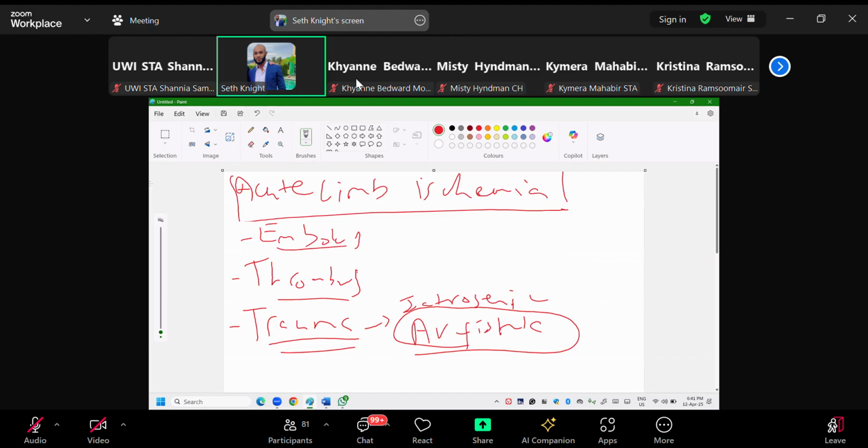Okay. Now, of course, rarely you can have a paradoxical embolus, right? And we know what that is. We said that is when the patient would have had a deep vein thrombosis. It went from the leg all the way to the right side of the heart, and usually it's supposed to go into the right ventricle and obstruct the pulmonary vessels.